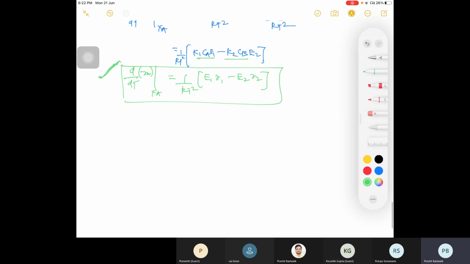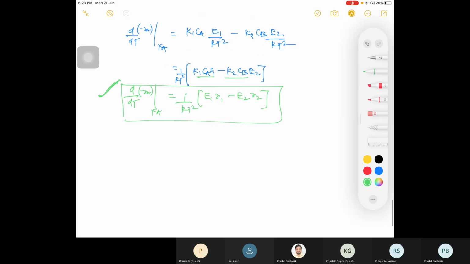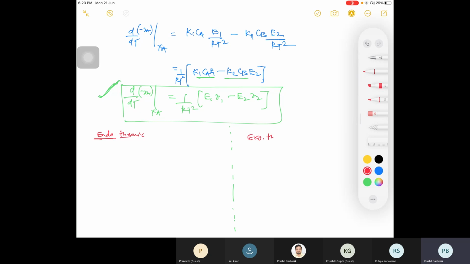Now please tell me what is your condition for endothermic and exothermic reaction. For endothermic reaction, I am writing first. Endothermic reaction. I'll ask some basics here. Exothermic reaction. We already studied this.